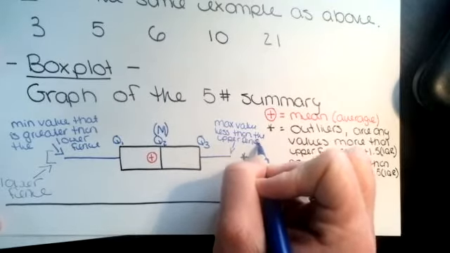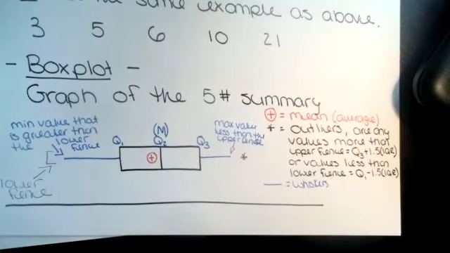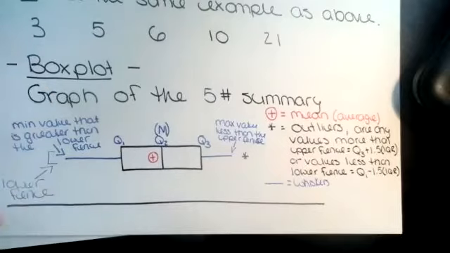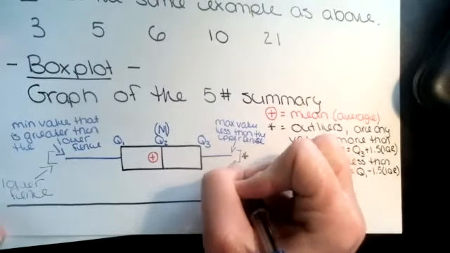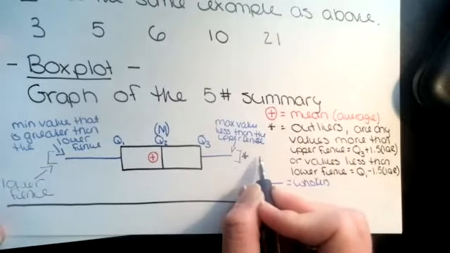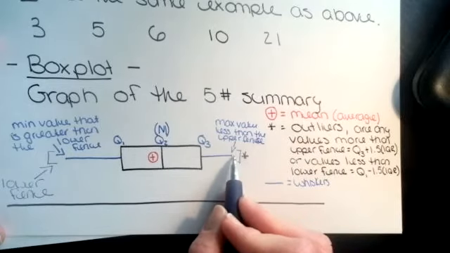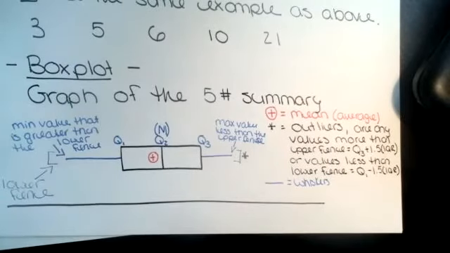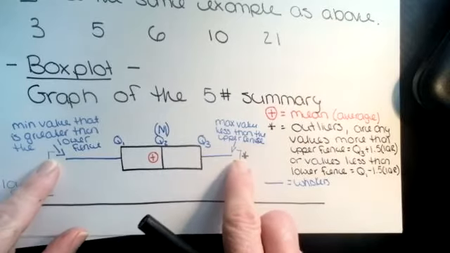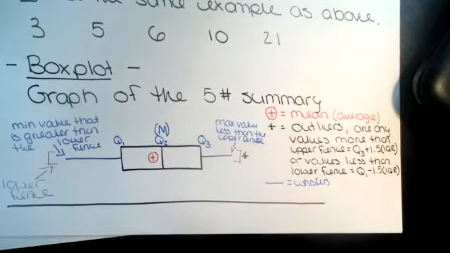So what we're figuring out is where our fences are, the upper and lower fences, and anything outside of those fences is marked with asterisks for outliers, and inside are considered normal data values. But I don't want to put my whisker all the way to the fence, because maybe I don't have data values out that far. I just have data values wherever they are for my raw data.